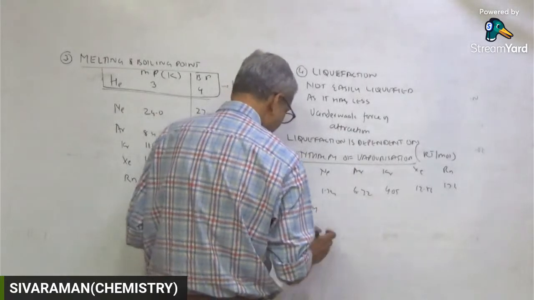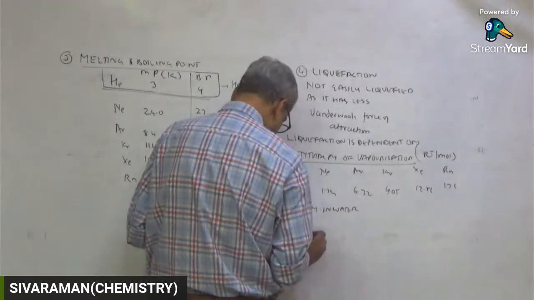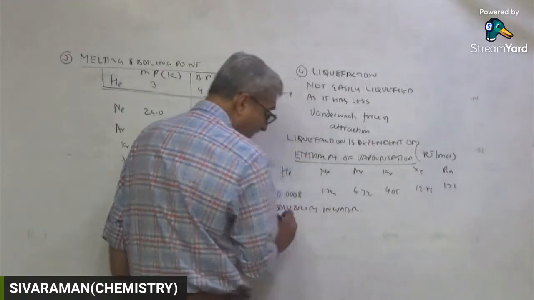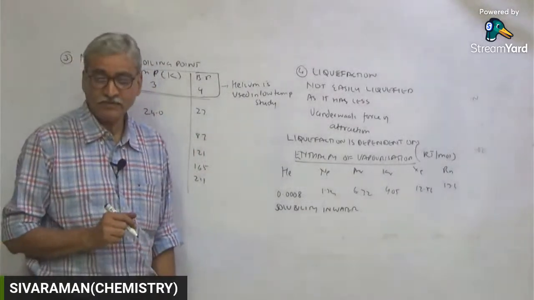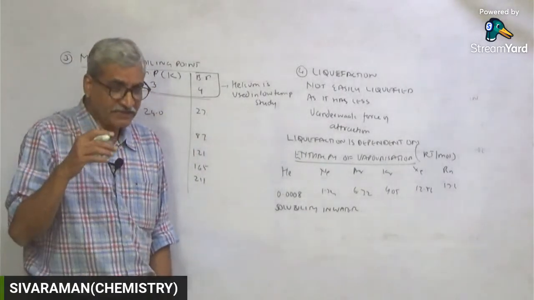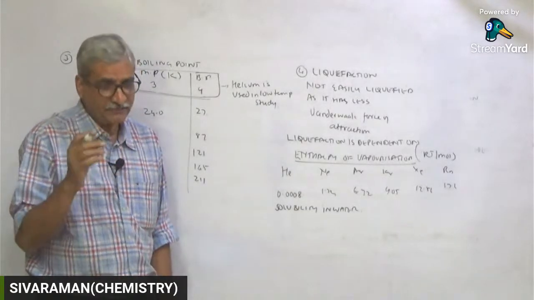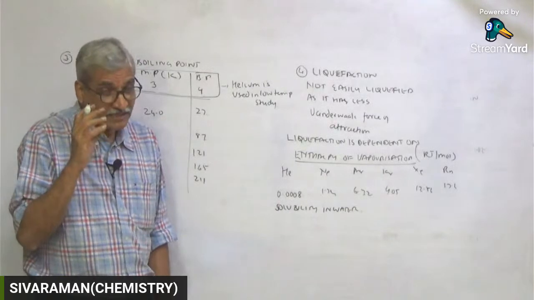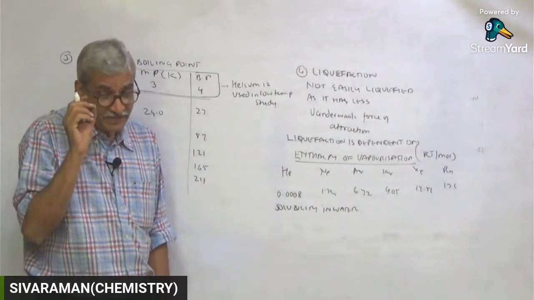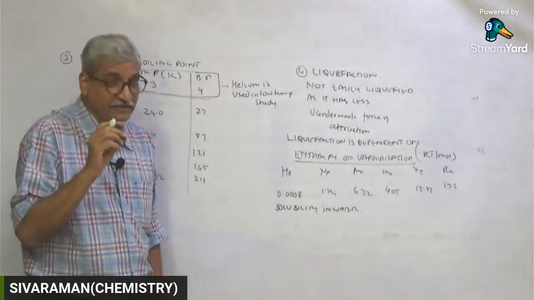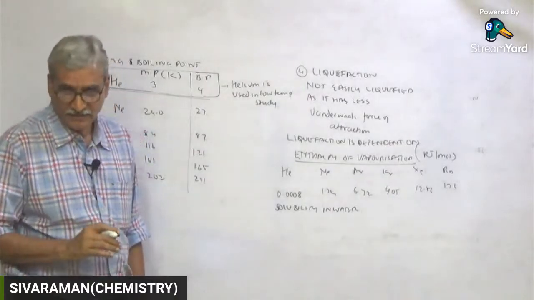So we have solubility in water. Sparingly soluble in water. Now the question is, again this is connected to gaseous state in your 11th standard. There are different types of forces of attraction: ion-ion attraction, ion-dipole attraction, dipole-dipole attraction, then ion and induced dipole, dipole and induced dipole attraction.